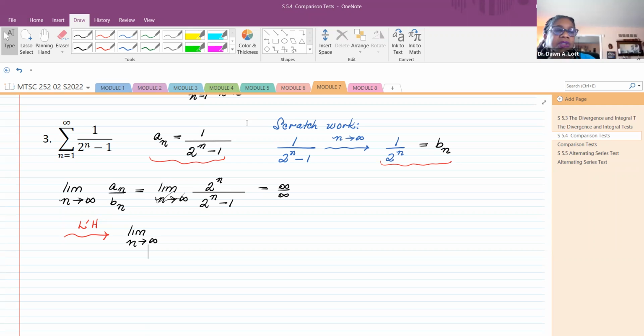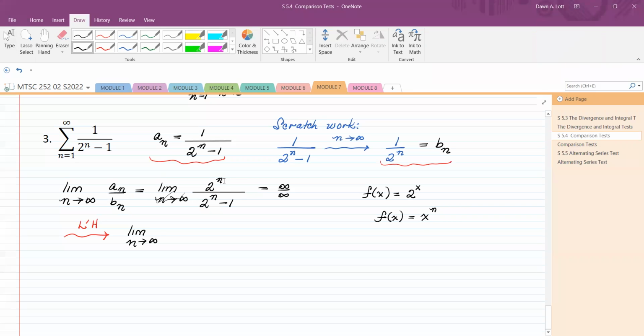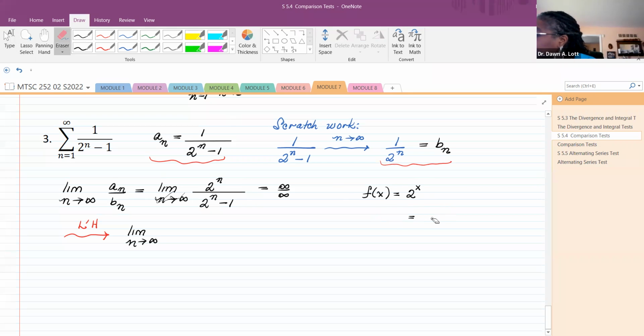Okay, I can only do that if the base is x. What we're trying to do is take the derivative of something that looks like 2^x. You're thinking of taking the derivative of x^n. So how do you take the derivative of 2^x?